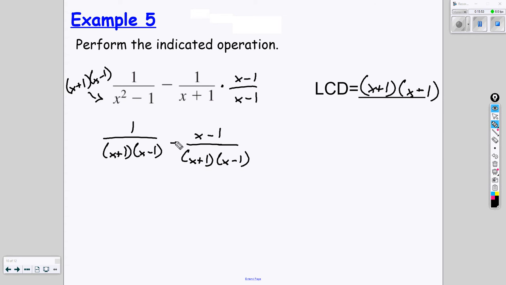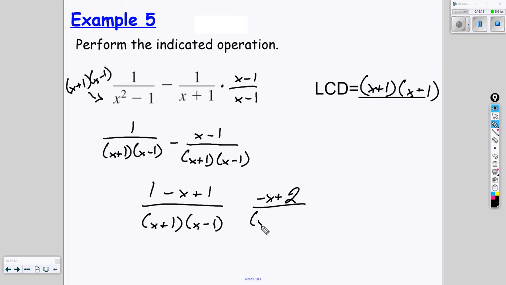So we have to subtract both x and subtract negative 1. So that's really 1 minus x plus 1, and then let's simplify that. So 1 plus 1 is 2, so this is really negative x plus 2 on x plus 1 times x minus 1.